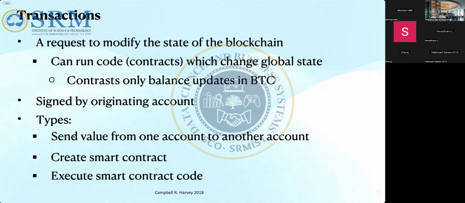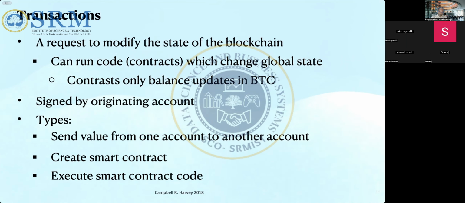And then there are different types of transactions. One simple transaction could be sending value from one account to another account, right? For example, if I'm transferring money from my account to my friend's account, this is one kind of plain simple transaction. Or creating a smart contract is a transaction. You create a smart contract, deploy it, and all other kinds of things.